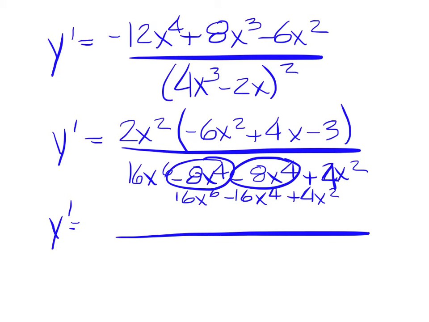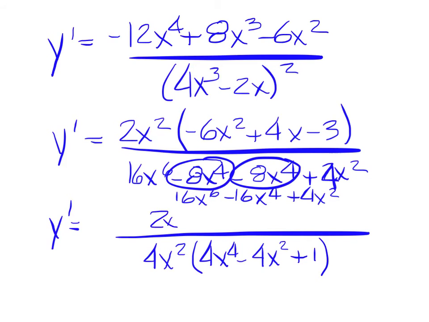So on that bottom you could take out a 4x squared and be left with 4x to the 4th minus 4, wouldn't it? 4x squared, and then on the back end we have plus 1. The top we had 2x squared times the quantity negative 6x squared plus 4x minus 3.